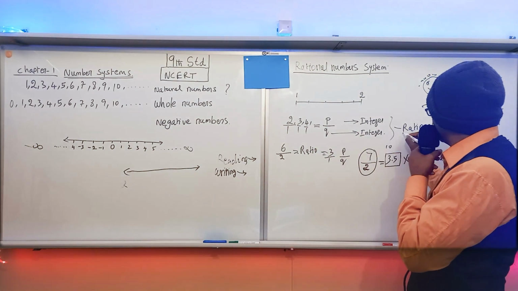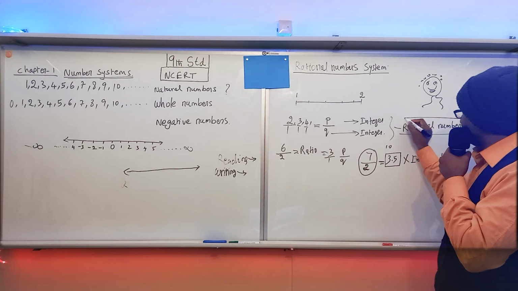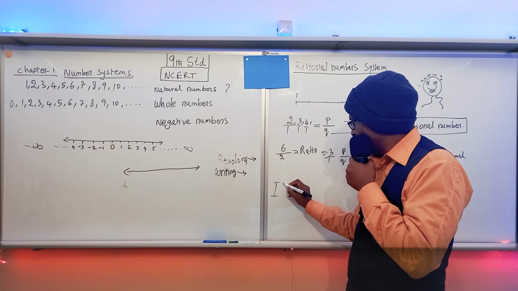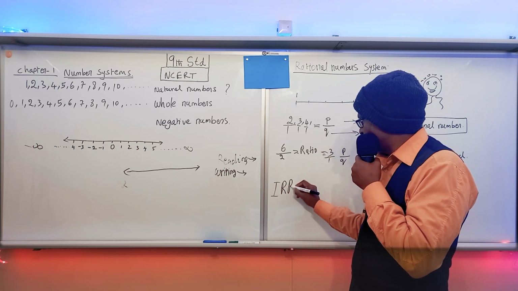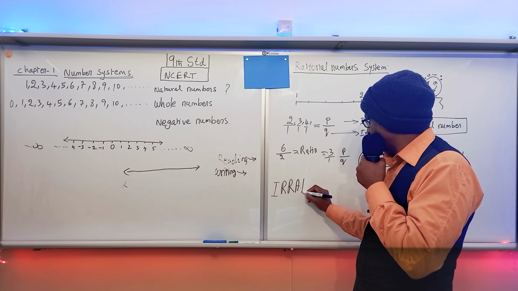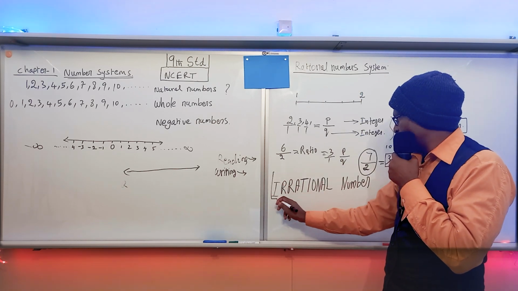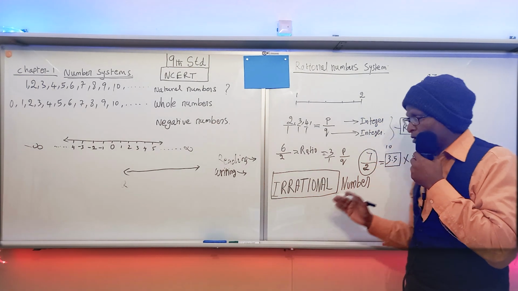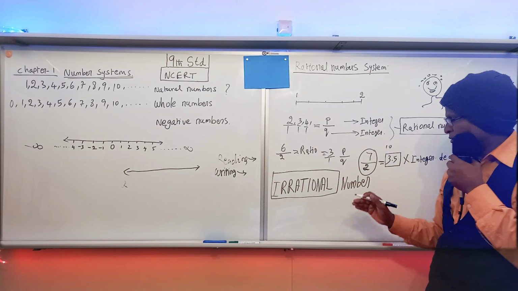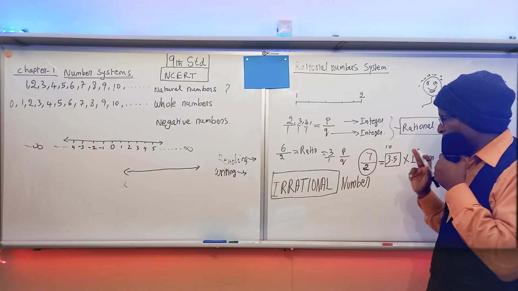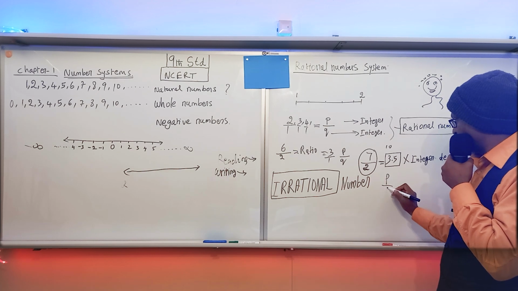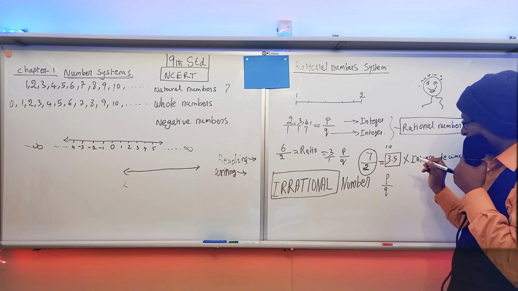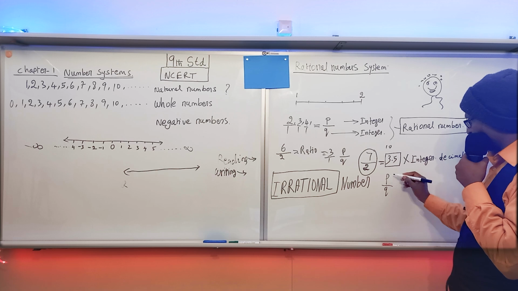You have rational numbers, and then comes the irrational number, which is a very important number system. It means you cannot write down or pinpoint irrational numbers like p by q, by this kind of two numbers.